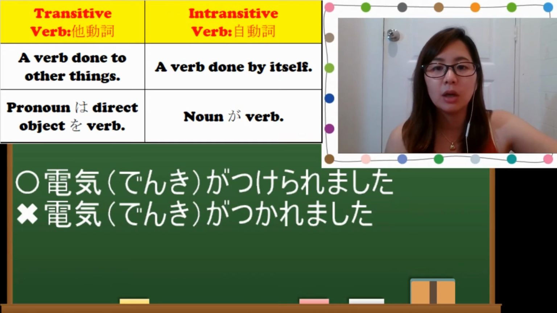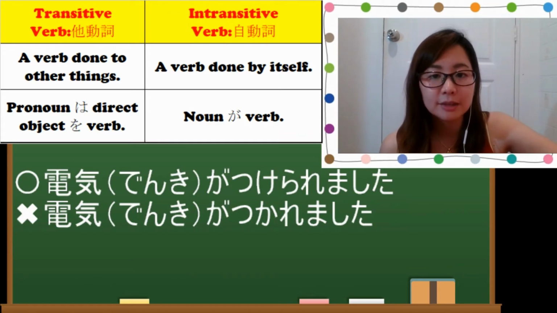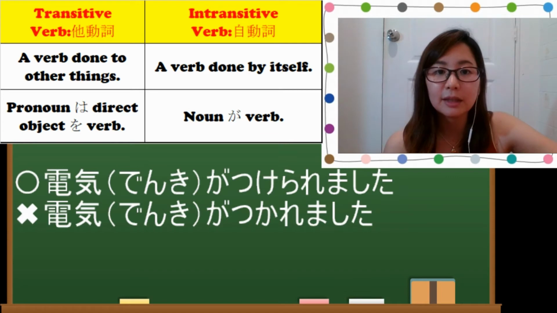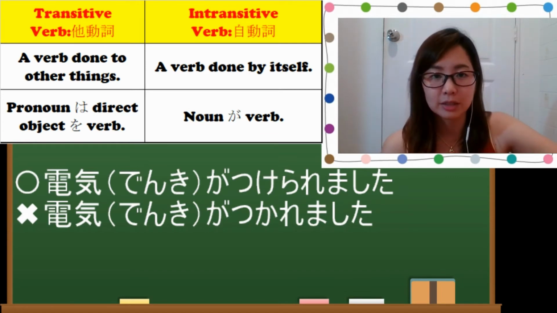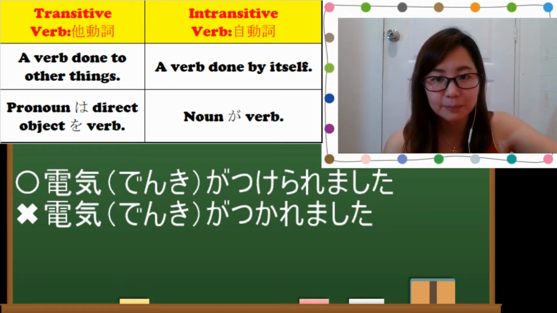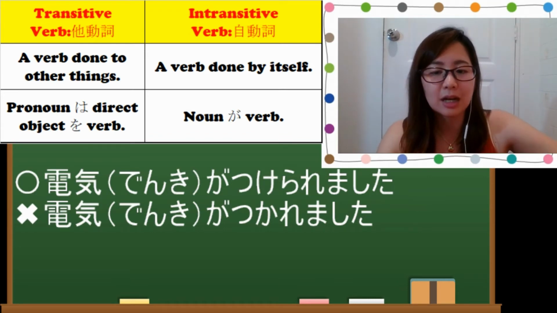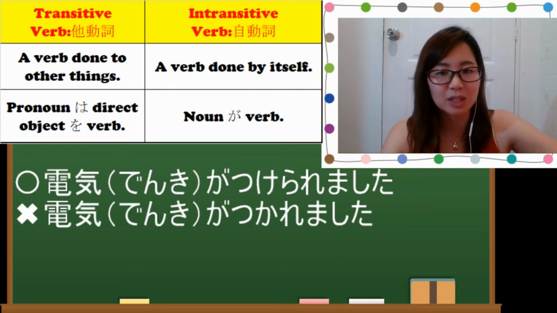So it will be 電気がつけられました。So つけます, transitive verb, becomes つけられました。The light is switched on. And we cannot say 電気がつかれました。There is no such word.